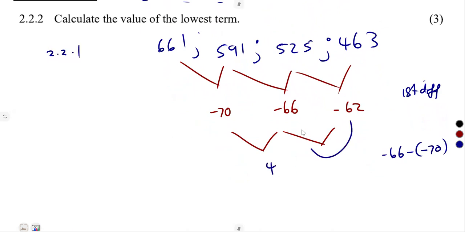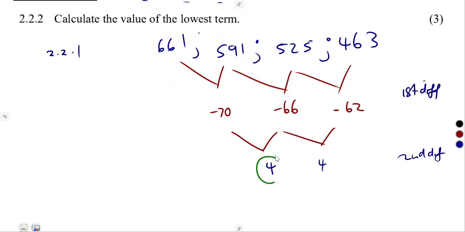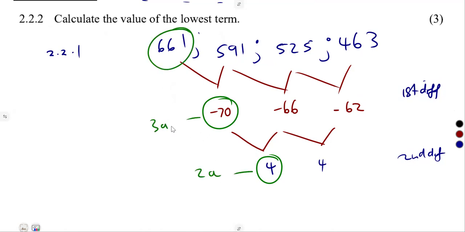The same thing, this one minus this one, also gives us 4. So with this, we've got our second differences. What is important are these numbers: the 4, the negative 70, the 661, as this is equal to 2a. This is 3a plus b. Remember, this is a plus b plus c.